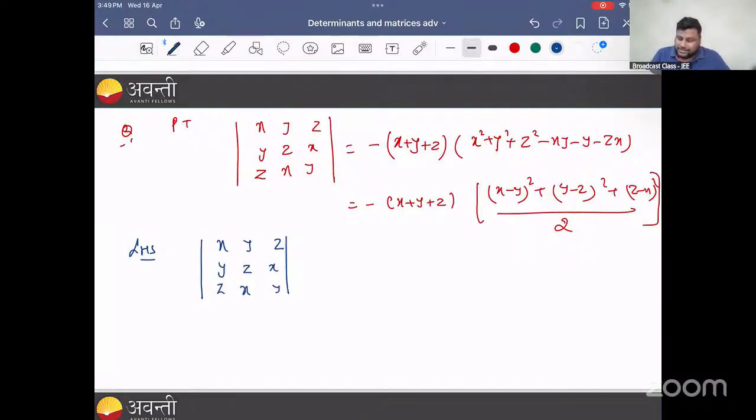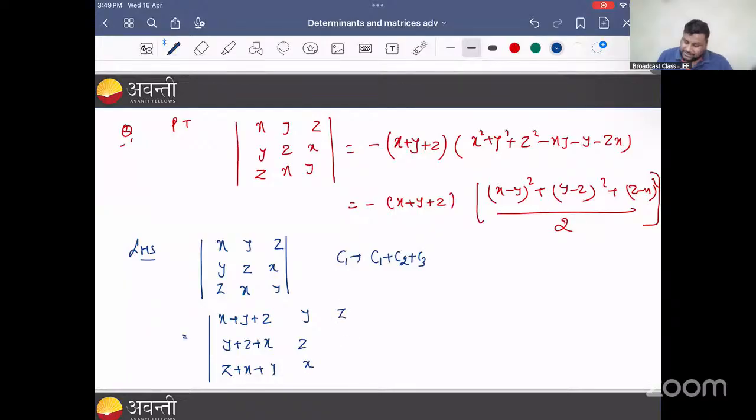All right. Let's apply an operation, C1 as C1 plus C2 plus C3. So what is the entire C1? X plus Y plus Z, Y plus Z plus X, Z plus X plus Y. Then Y, Z, X, Z, X, Y.